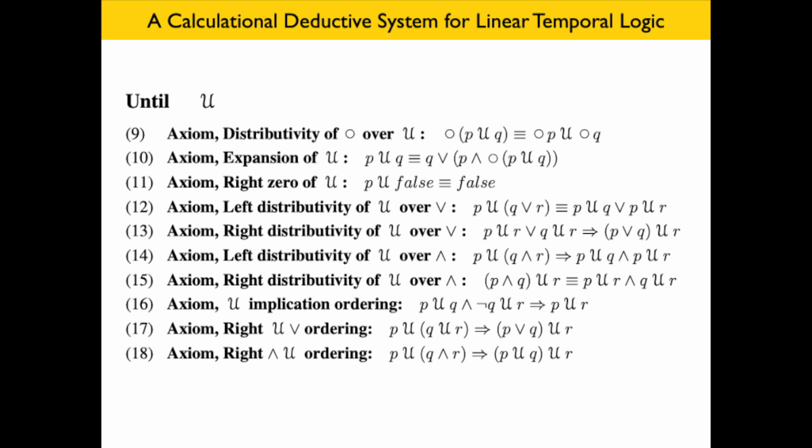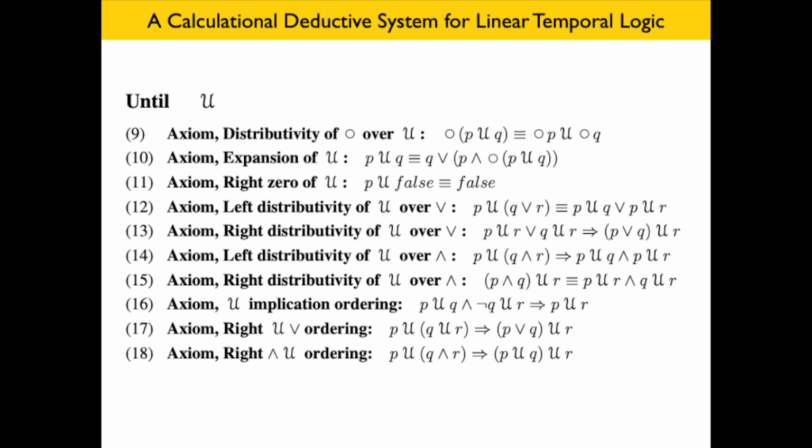Since the recording of the lecture several years ago, this system has been modified by including some additional axioms in the definition of until and some other rearrangements of theorems and axioms. So for the remainder of this video lecture, the audio description of the theorem numbers will not match the video description of the theorem numbers, in which case the video numbering is the current numbering and it corresponds to the paper, A Calculational Deductive System for Linear Temporal Logic, which has been published in the ACM Computing Surveys.